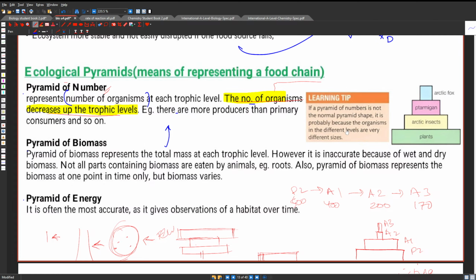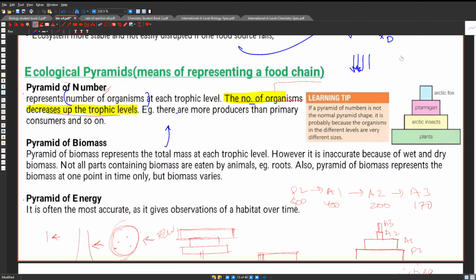it is probably because the organisms in different levels are very different sizes. Because there are obviously going to be fewer trees than there are going to be bushes, right?